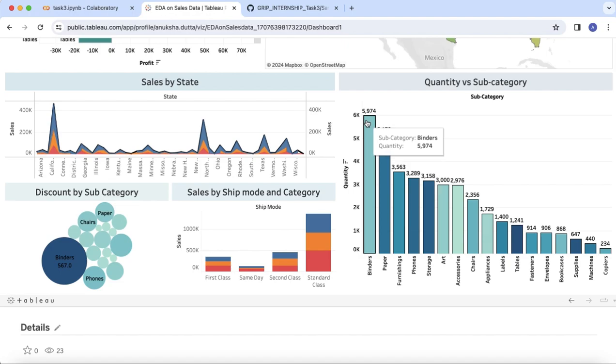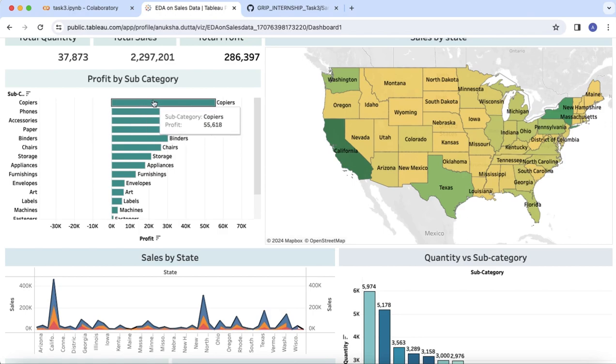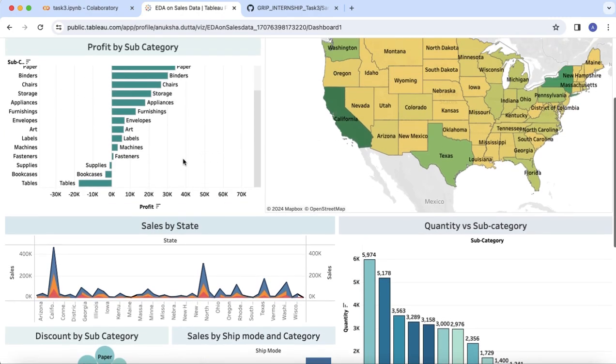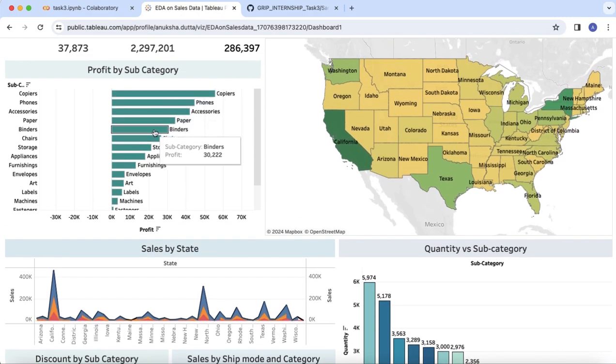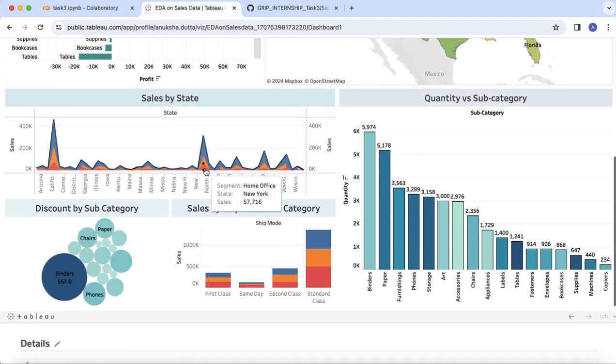We can see that binders have the highest quantity, whereas copiers have the lowest, which is an interesting observation, because copiers, even though they had the least quantity, contributed the most in terms of profit, whereas a significant amount of discount was given on binders, which also have the highest quantity, but their profit is on a much lower level compared to copiers. So this is the dashboard that I have created.